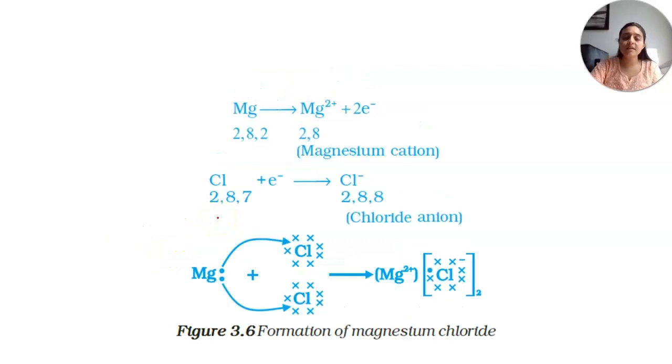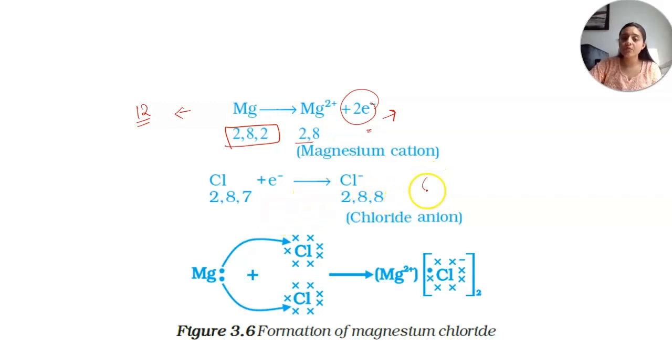And there is one more example, of magnesium. You can show magnesium chloride like this. Here you already know that magnesium has atomic number 12, so the electronic configuration is 2, 8, 2, and then it will lose 2 electrons, right? So plus 2 is the charge on it, and chlorine is going to gain one electron.